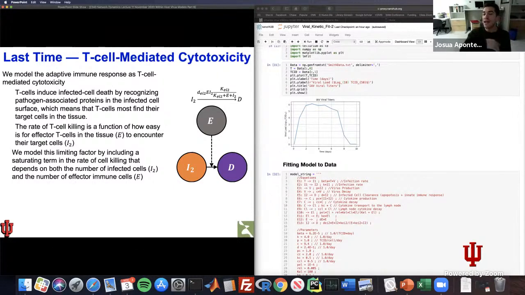But cells can display those molecules on their surfaces even before they are producing virus and releasing it to the environment. So that's an addition that could be added to the model.